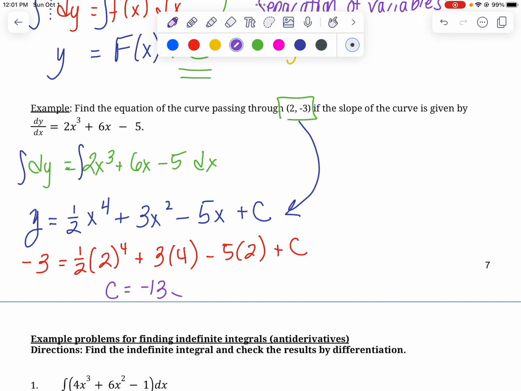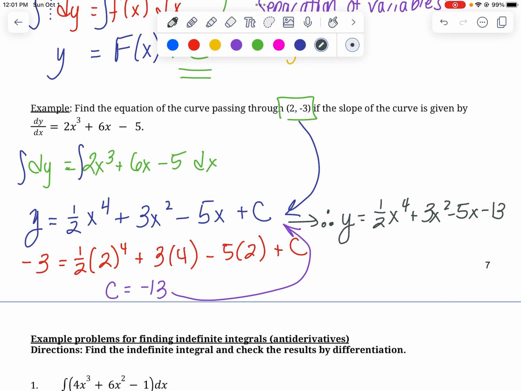Okay, so then we substitute that back in, and we know, therefore, that our overall original curve was this 4th degree polynomial. And I'm just going to slot in that value of -13. Okay, so a question like that might come your way. It's not really any different than any of the integration problems or the anti-differentiation problems. It's just a matter of you do actually get to find the particular C.